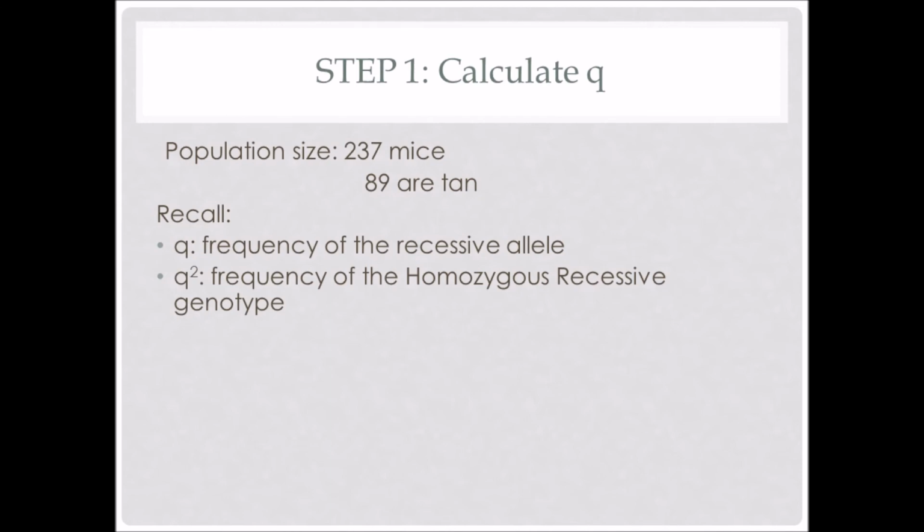You have the population size, and you have how many of them are tan, which means how many of them are homozygous recessive. So you can right away get Q squared: you just divide the total number that are homozygous recessive by the total population size, and it gives you 0.38.